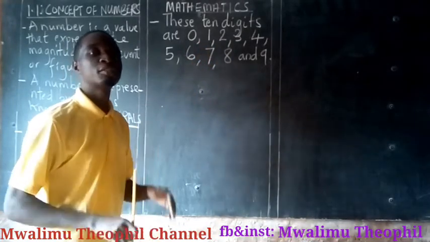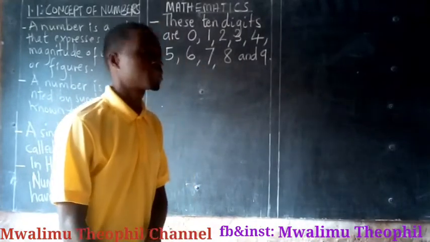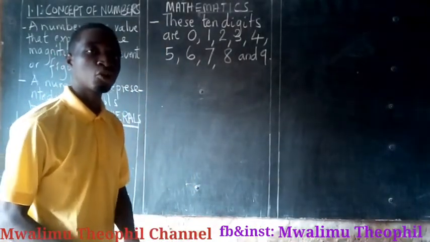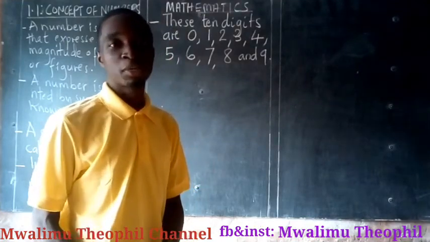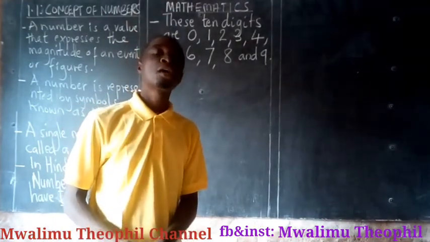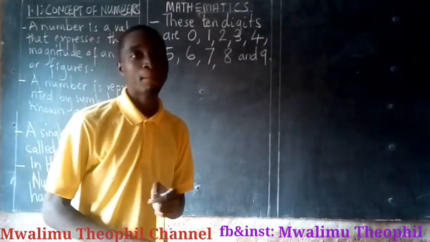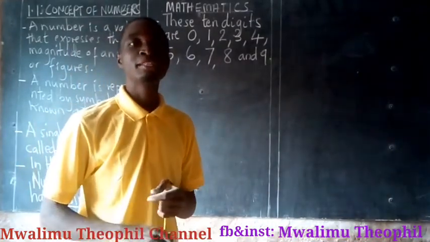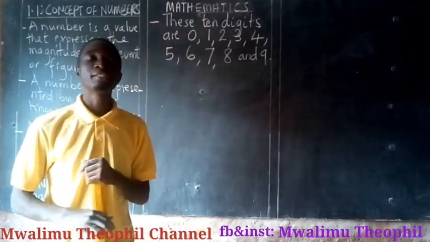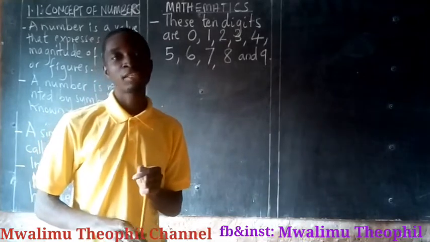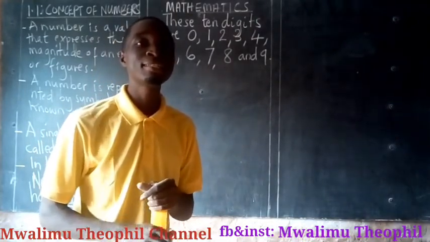It is my expectation that you have captured well the concept of numbers. A number is an idea of expressing the magnitude of an event or figures, represented by symbols known as numerals, and a single numeral is known as a digit.